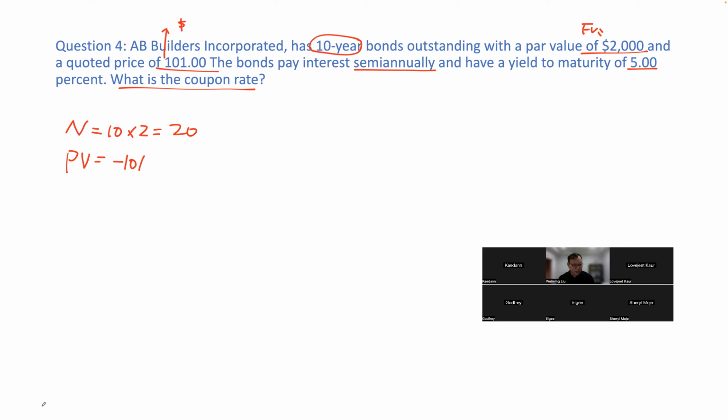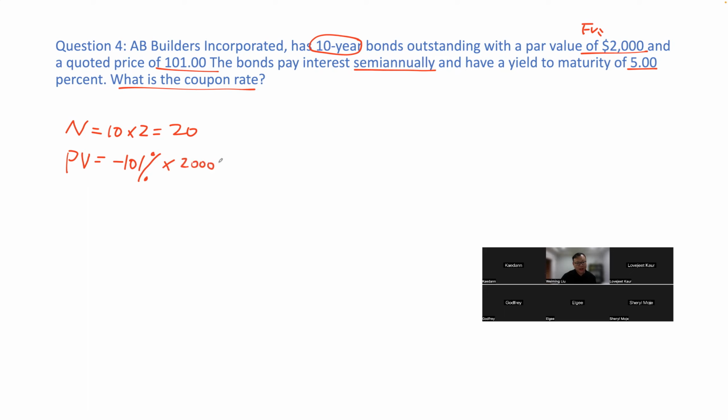So what does the 101 mean? I mentioned it just a couple minutes before. There's no dollar sign in front of it. So that's a percentage, very good. So negative 101 percent times what? $2,000, thank you.